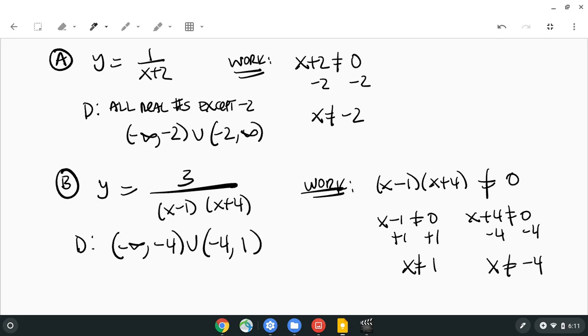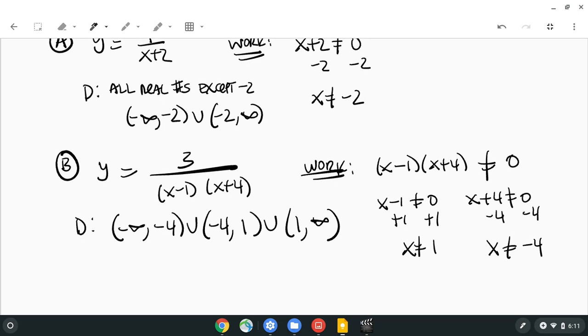Then we start again at 1 and go to +infinity. This is how you would write it in set notation if you need to exclude 2 points. You always have this sort of break at these points of exclusion.